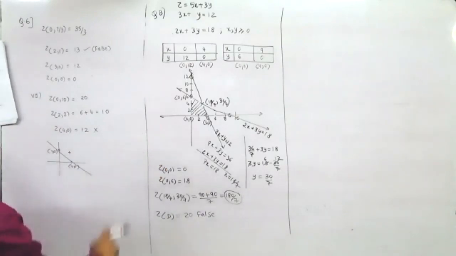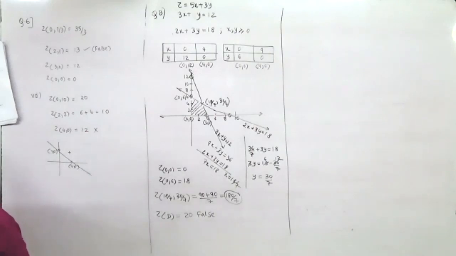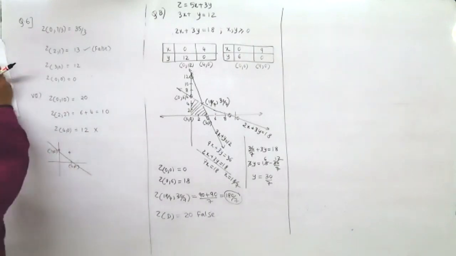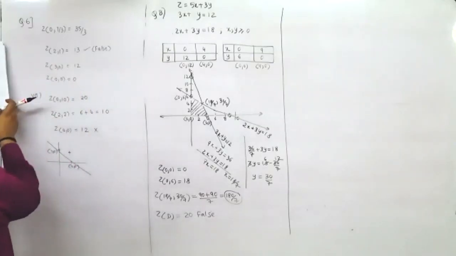If it is this, it is most suitable. If it is the simplex method they are speaking about, then it is not most suitable. Is it true or false? False. That means they have considered it to be the simplex method, I guess. I'll have to check what corner point method is.